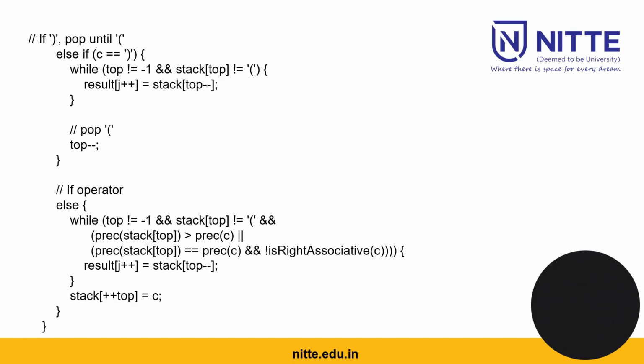So we have to pop it till we get this opening bracket, and keep on doing top minus minus. And if it is an operator, then I have to write again an else part: while top is not equal to -1 and stack of top is not equal to the opening bracket.